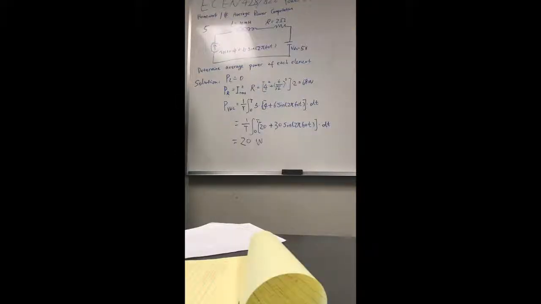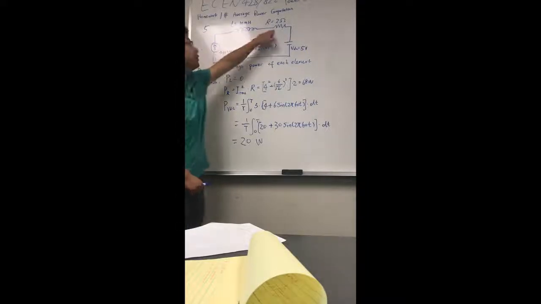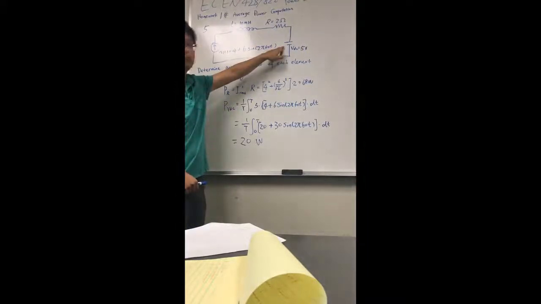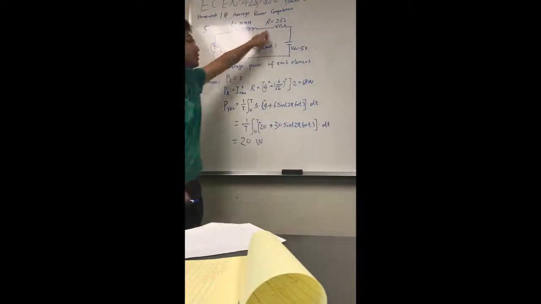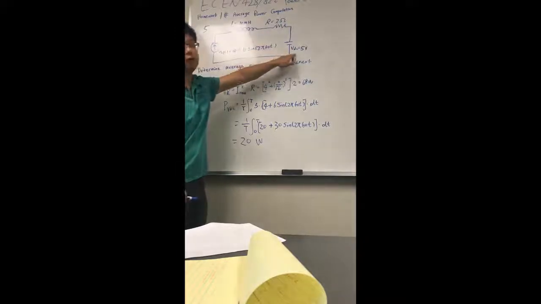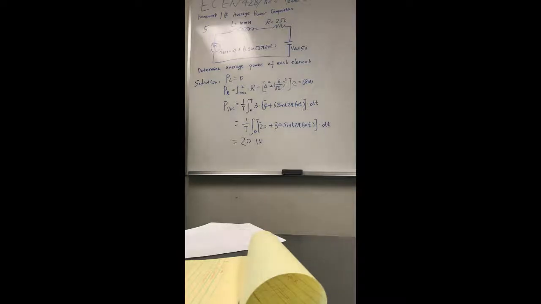In question 5, there is a current source, an inductor, a resistor, and a DC power supply in the circuit. The current is given, the inductance is given, the resistance is given, and the voltage of the DC power supply is given. And it asks you to determine the average power of each element.